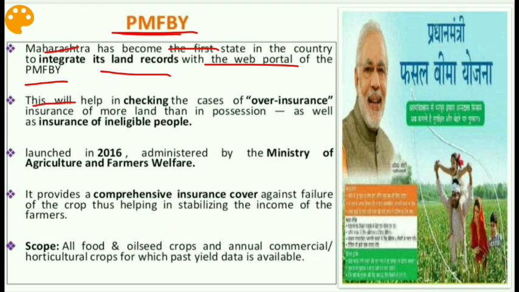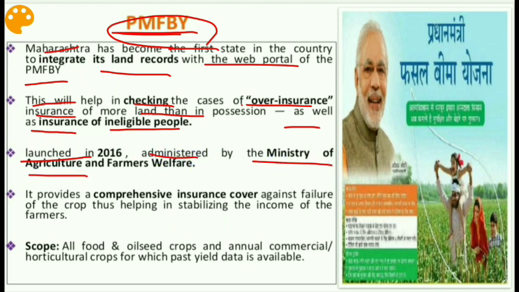This will help in checking cases of over-insurance, that is insurance of more land than in possession, as well as insurance of ineligible people. Actually, PMFBY was launched in 2016 and is administered by the Ministry of Agriculture and Farmers Welfare. It provides a comprehensive insurance cover against failure of crops, thus helping in stabilizing the income of the farmers.